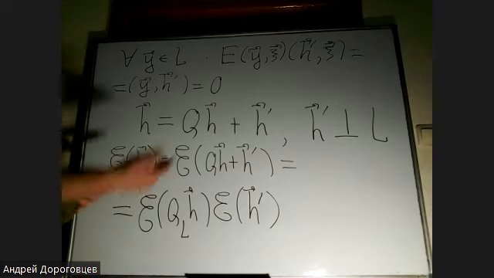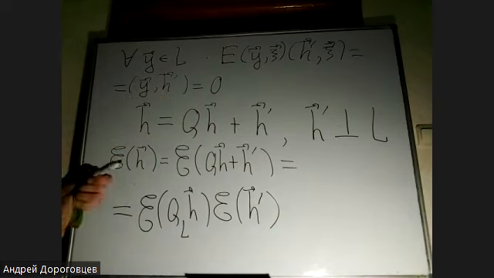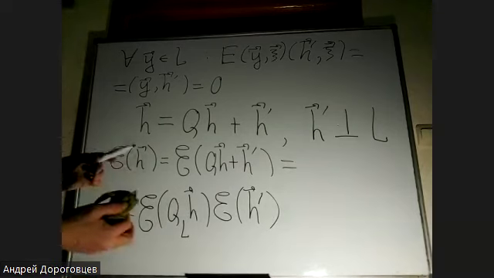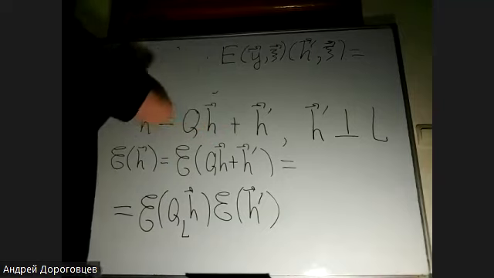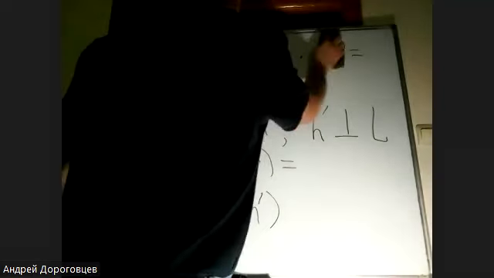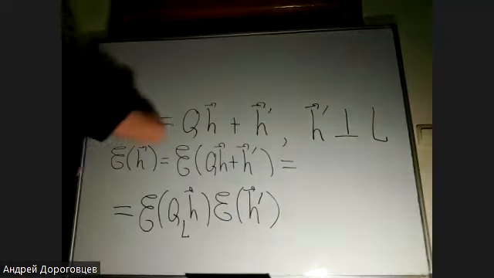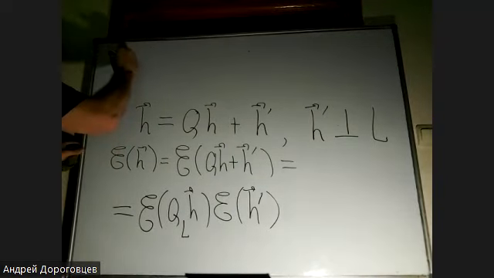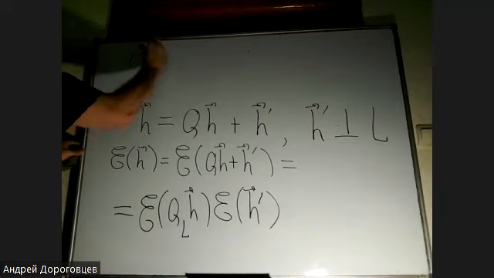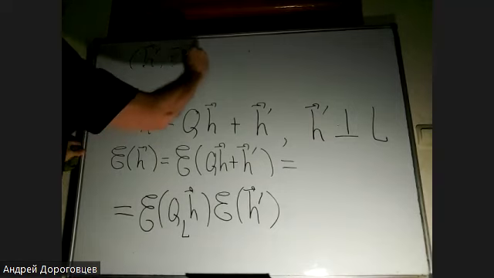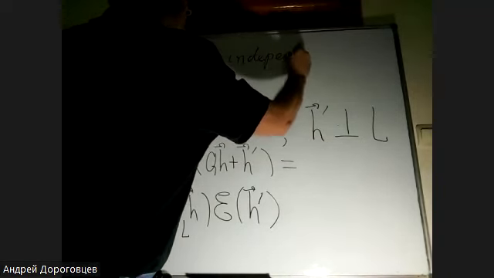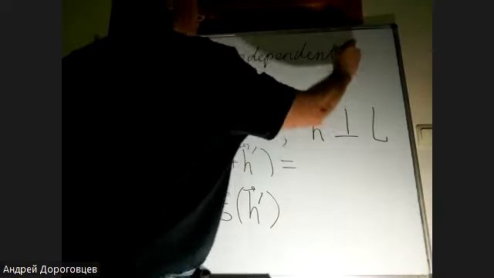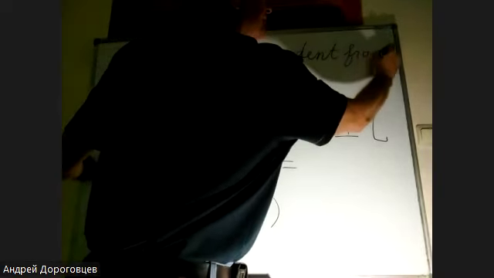It follows that they are independent. Since y is arbitrary, one can say that our random variable (H prime, ξ) is independent from F_L.